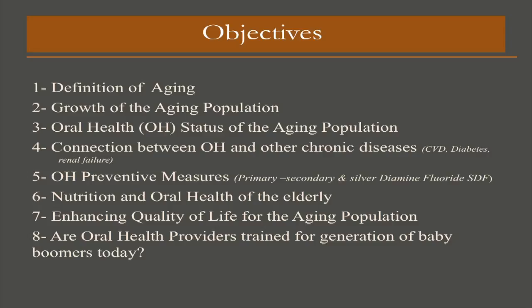We will also be talking about oral health preventive measures like primary and secondary preventive measures and silver diamine fluoride. We will mention nutrition and oral health of the elderly, and enhancing quality of life for the aging population.